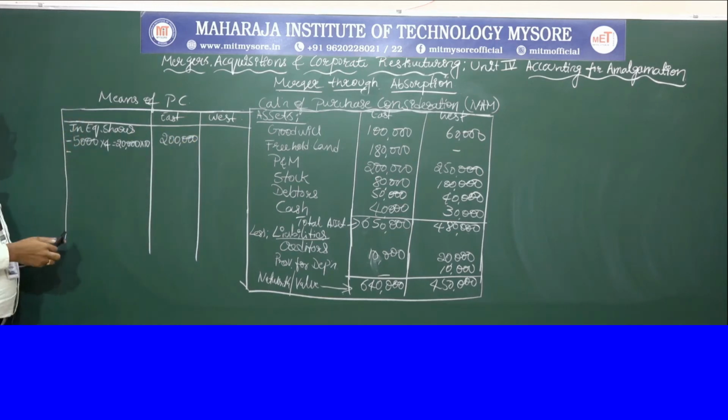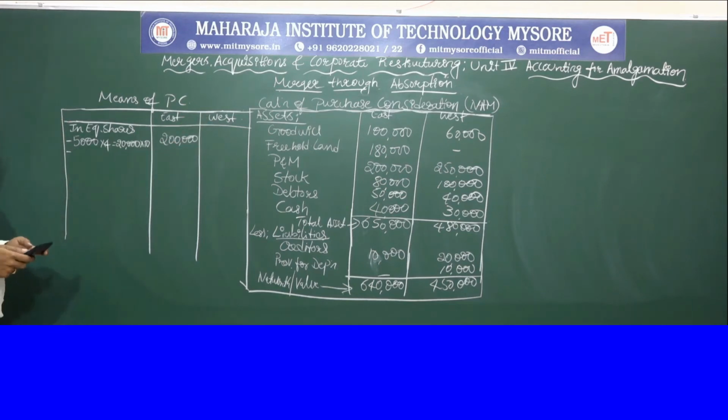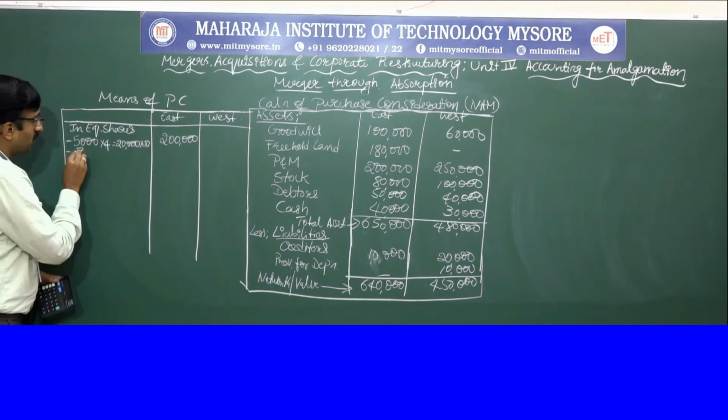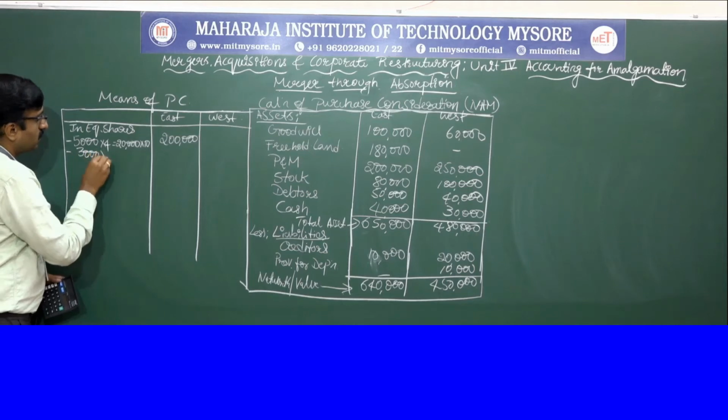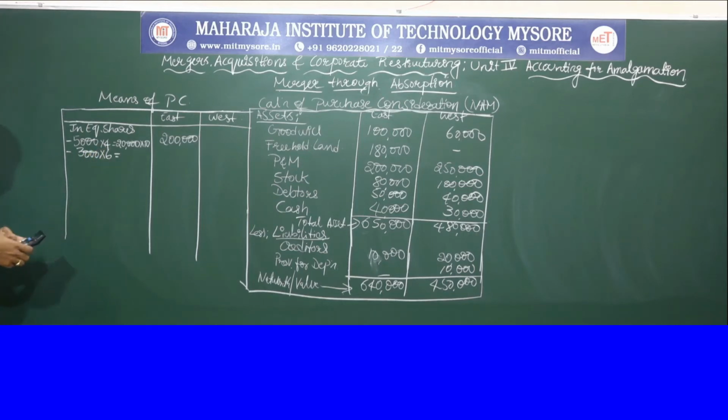Next, moving on to West Limited, find out the number of shares. We have 3 lakh capital divided by 100, it is 3,000. The number of shares is 3,000 into 4, because for equity it is 4 and for preference it is 6.